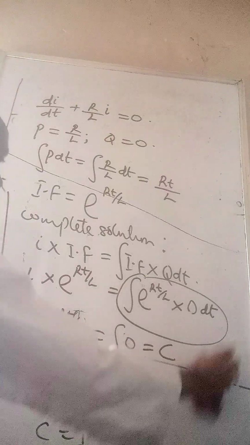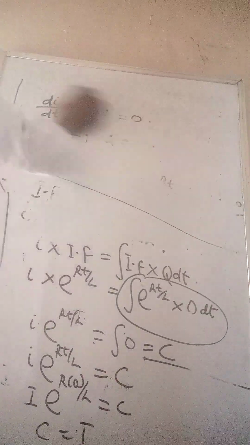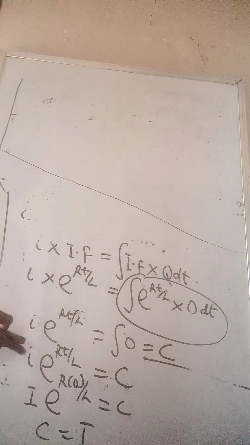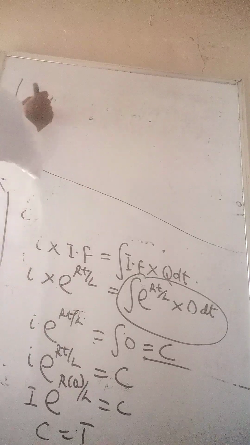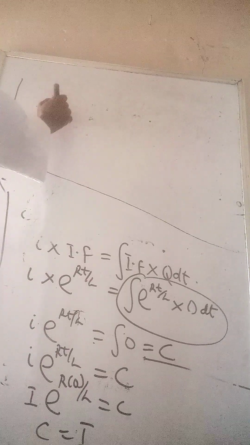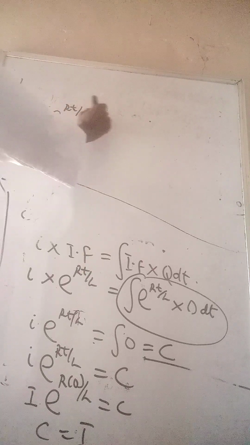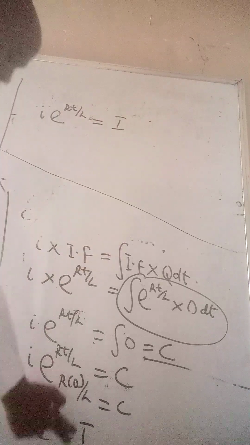So since C is equal to capital I, we come back here now. That means i e to Rt over L is equal to capital I, because capital I is replacing C now.